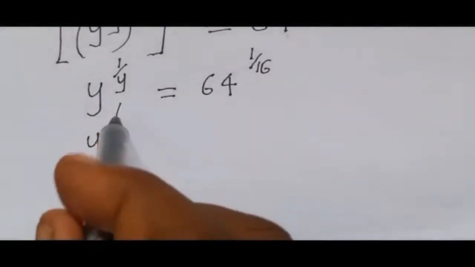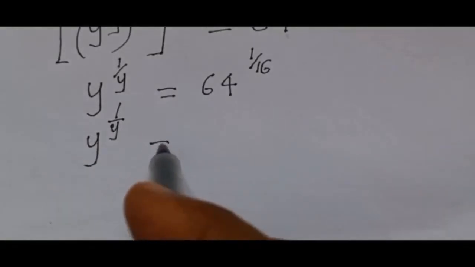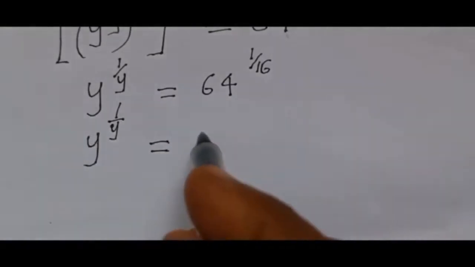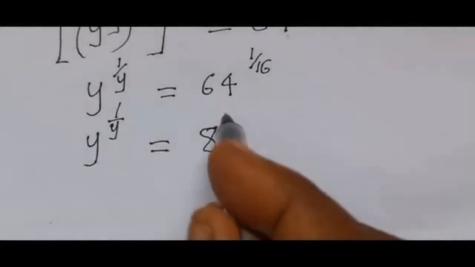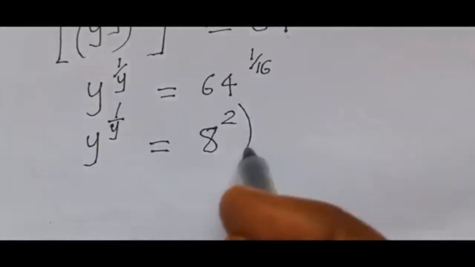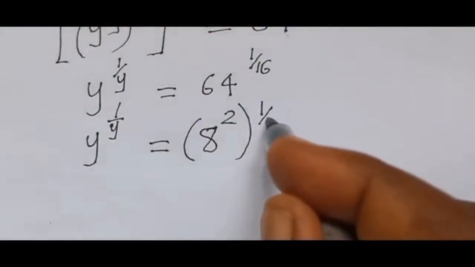So we know y raised to 1 over y equals 64. This is 8 raised to power 2 in the bracket raised to 1 over 16.